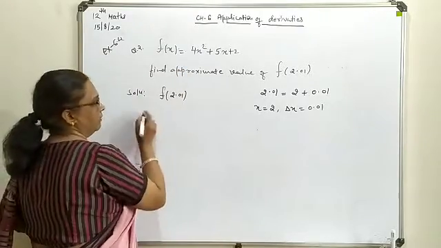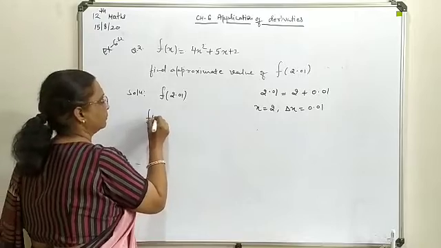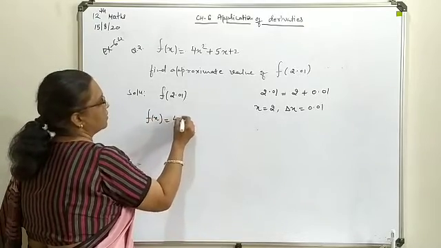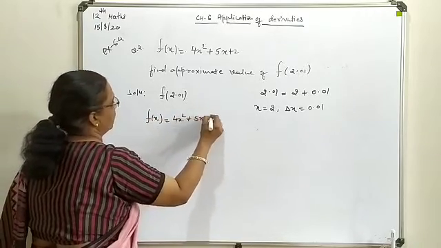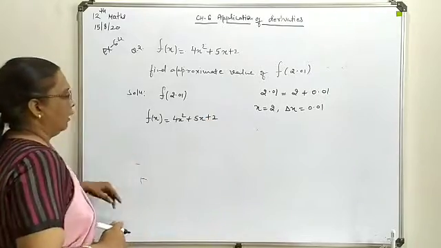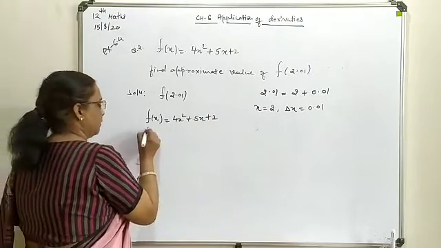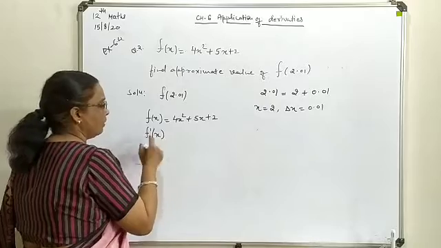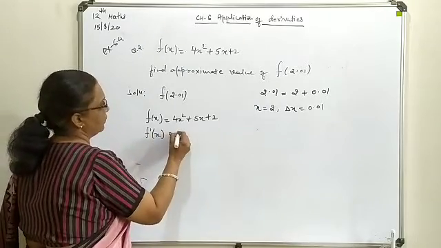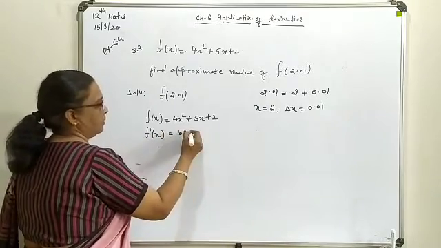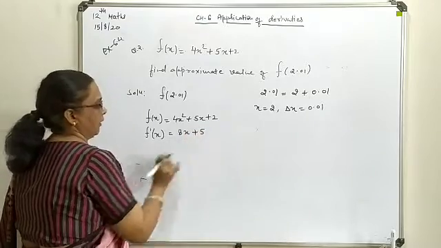Now come to the main function f(x), 4x square plus 5x plus 2. Write the first derivative with respect to x. It gives 8x plus 5.